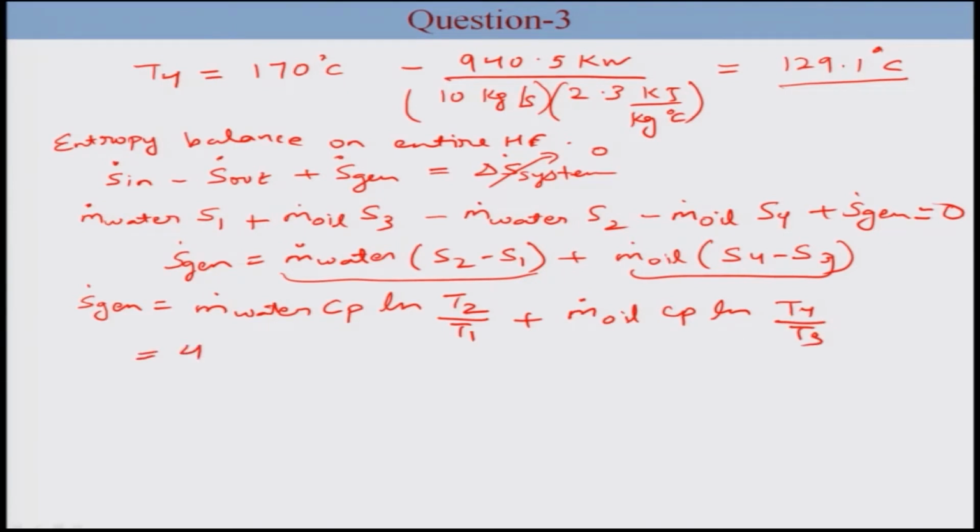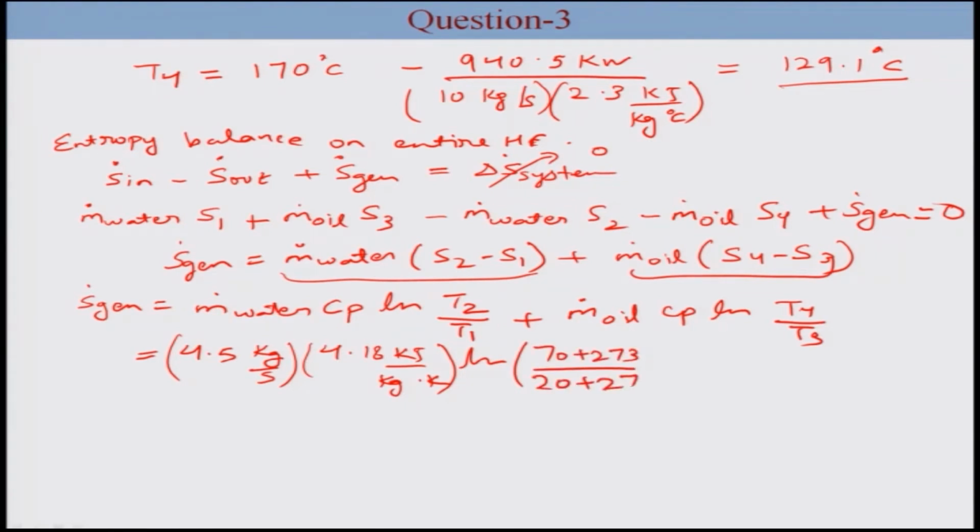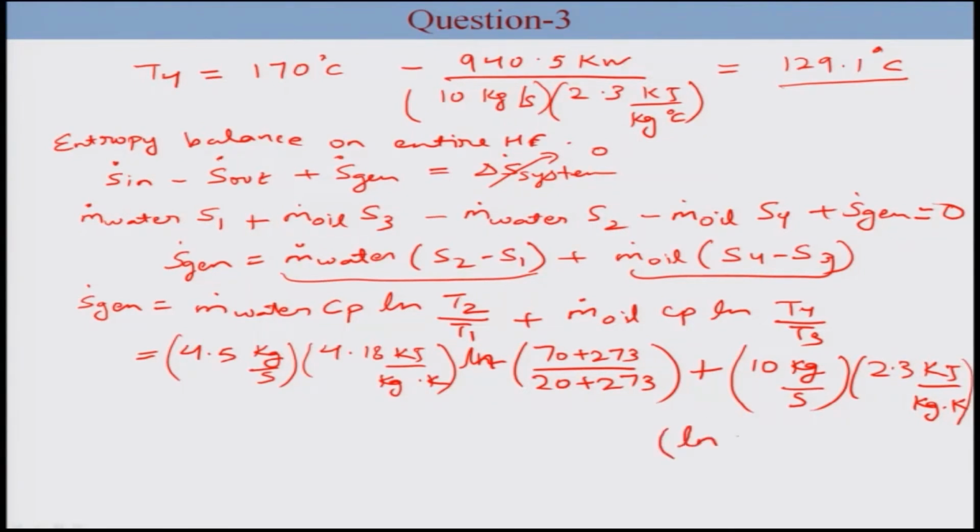So, putting all the values, mass of water is 4.5 kg per second, Cp is 4.18 kilojoule per kg Kelvin, ln of T2, 70 plus 273, divided by T1, 20 plus 273, plus mass flow rate of oil is 10 kg per second, specific heat is 2.3 kilojoule per kg Kelvin, and multiplying this by ln of T4, which is 129.1 plus 273 Kelvin, divided by T3, which is 170 plus 273.